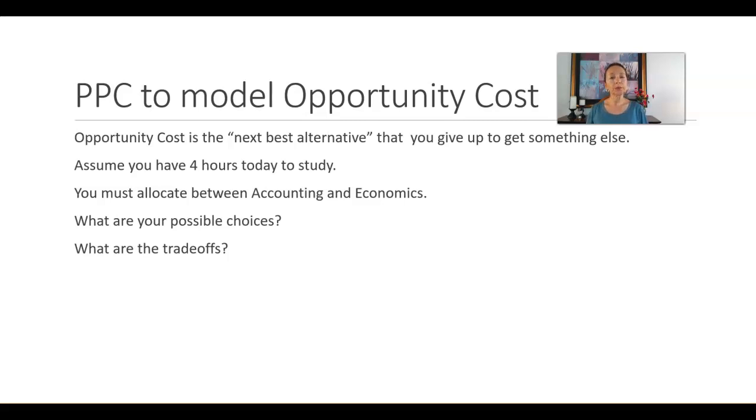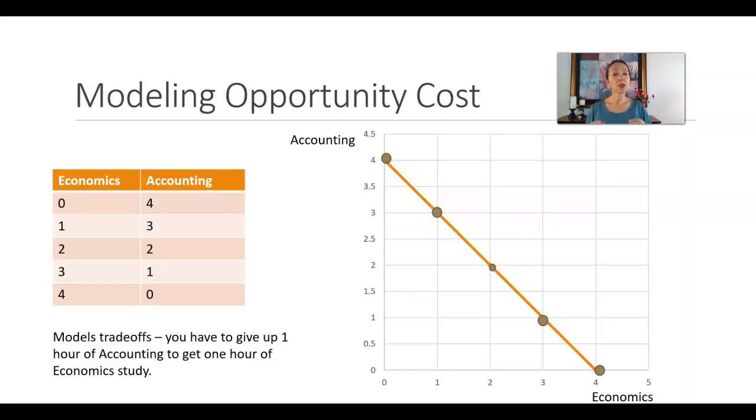So let's assume that you have 4 hours to study today, and you have a choice of allocating your time between accounting or economics. What are your possible choices? What are the trade-offs? So here are some choices.